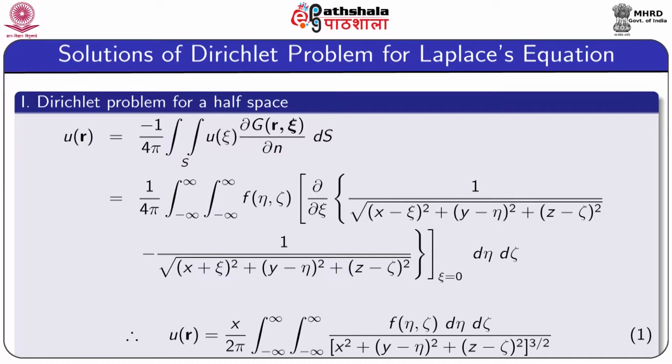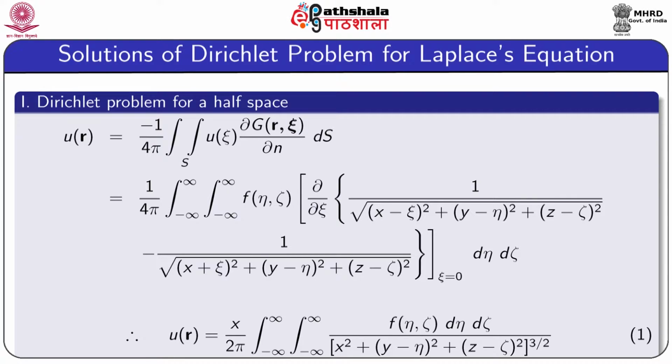So, the value of the integration becomes 1 by 4 pi integration minus infinity to plus infinity, integration minus infinity to plus infinity f of xi, eta, this is the expression for 1 by mod r minus xi minus 1 divided by square root of 1 plus xi square plus y minus eta square plus z minus zeta square.